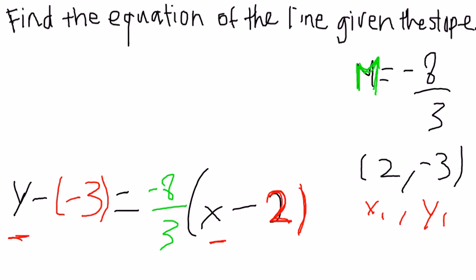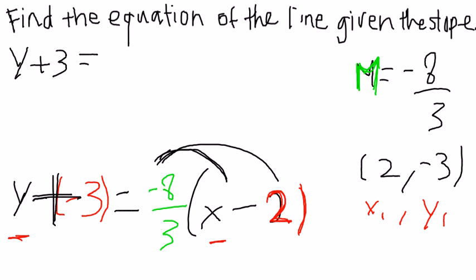So first, let's simplify y minus negative 3. They're not like terms, so we're going to just simplify it just like this: y plus 3 equals, now this is a very tricky part, but very important, the distributive property.